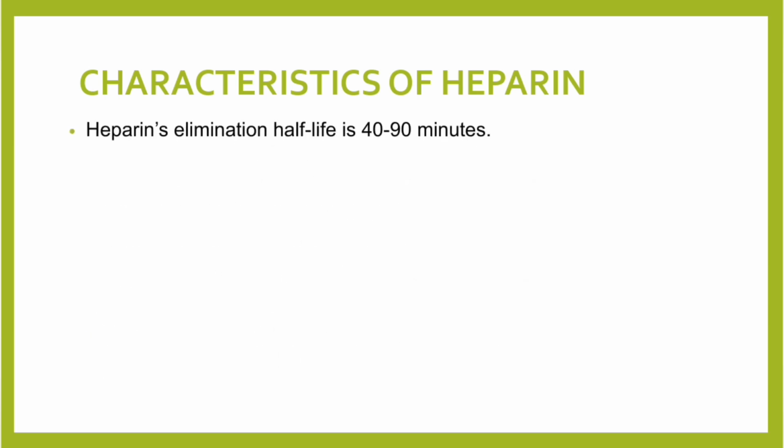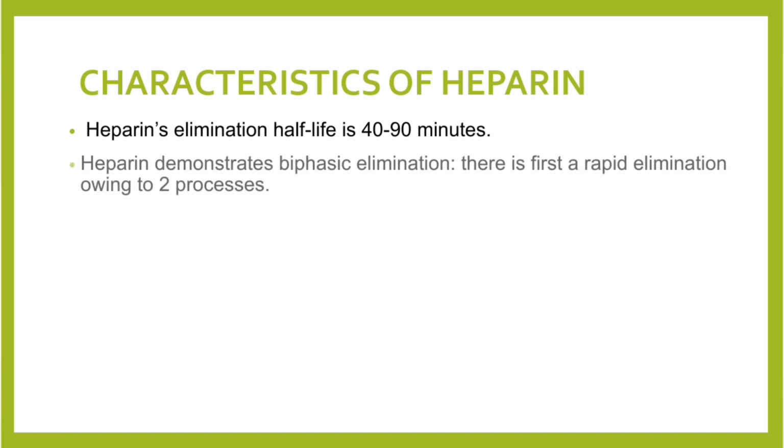For example, heparin's elimination half-life is 40 to 90 minutes. What is half-life? Half-life is the time needed for half of the concentration of the drug to be metabolized. Heparin demonstrates biphasic elimination. There is a first rapid elimination owing to two processes.